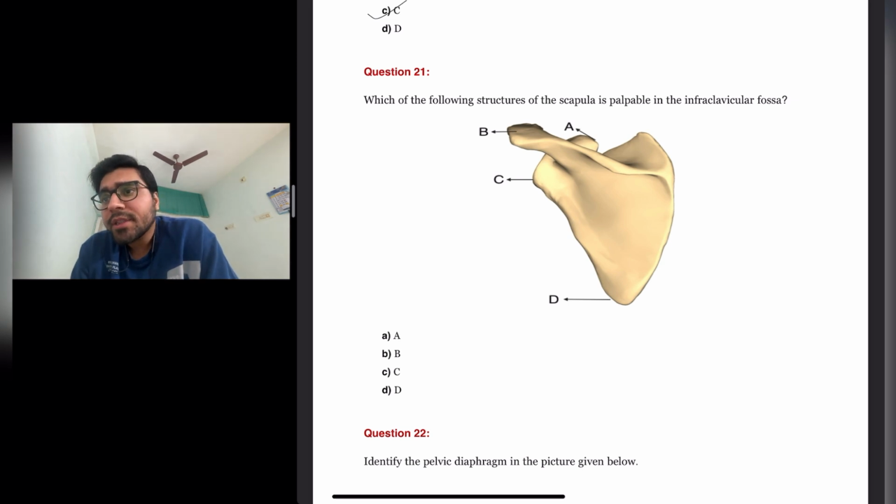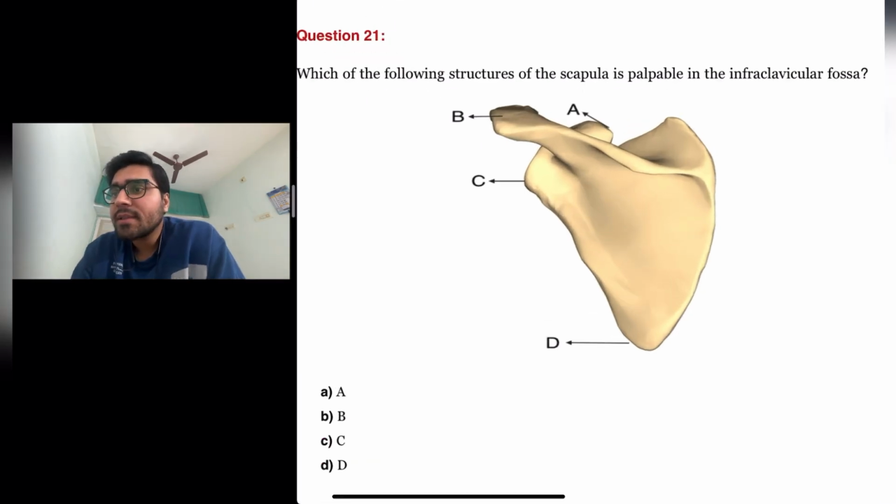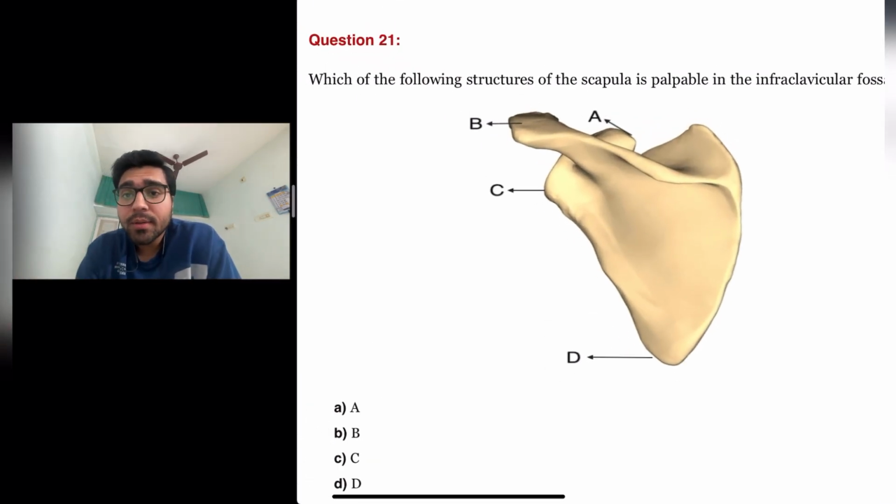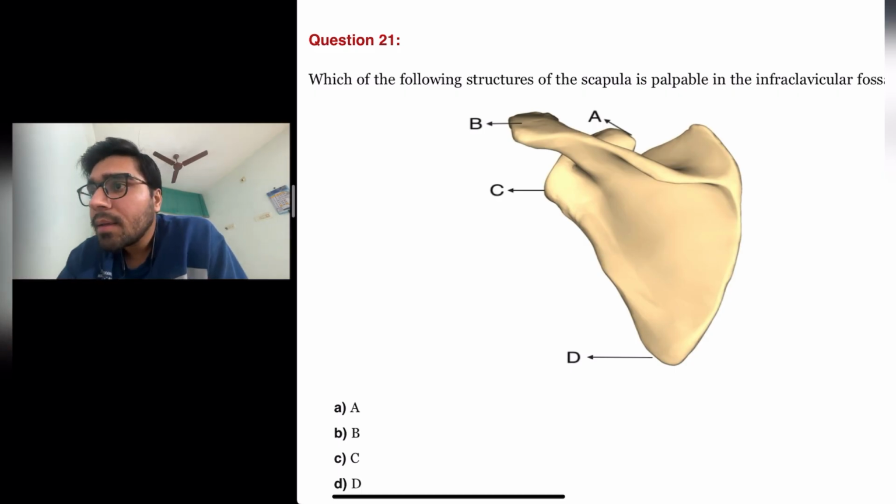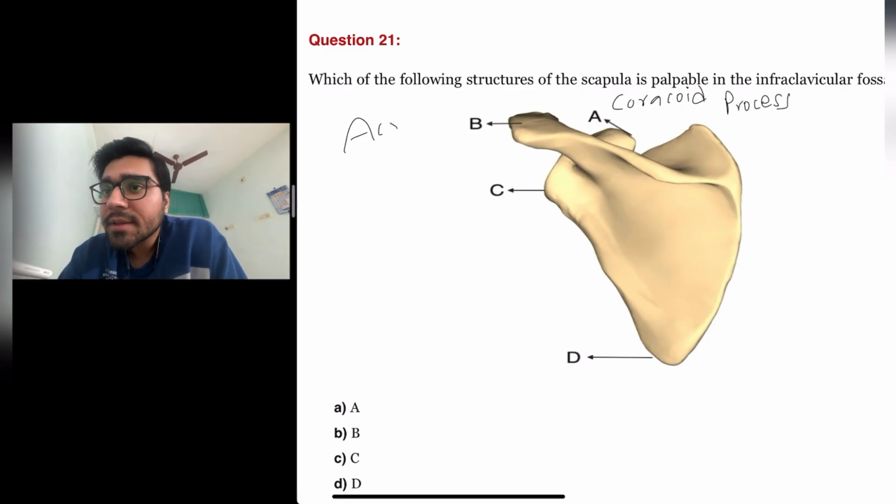Which of the following structures of the scapula is palpable in the infraclavicular fossa? So let us first label all these four alphabets. This one is the coracoid process. This one is the acromion process.